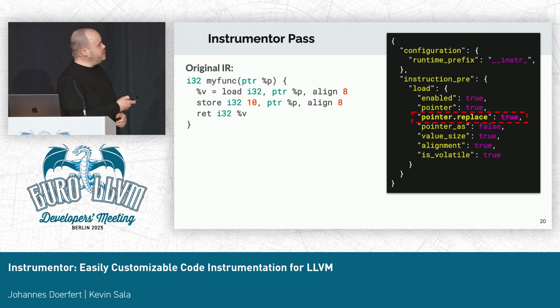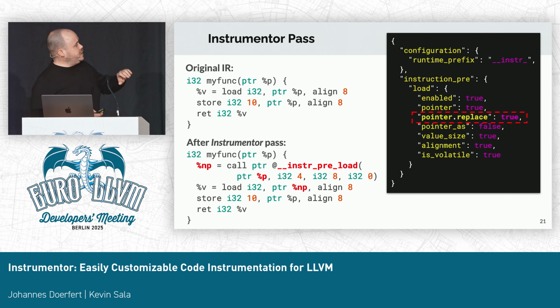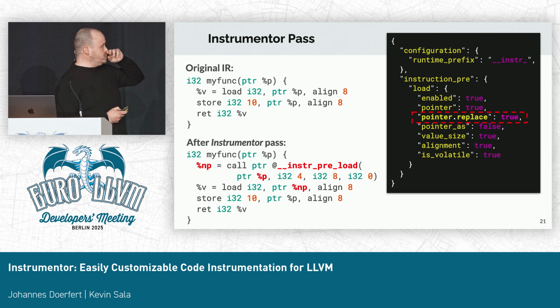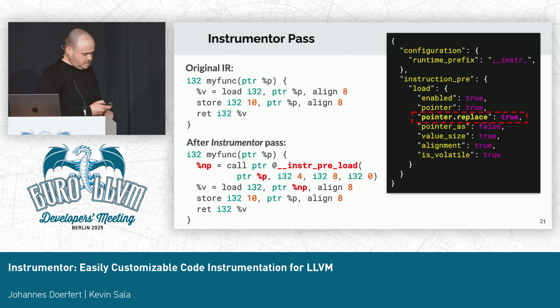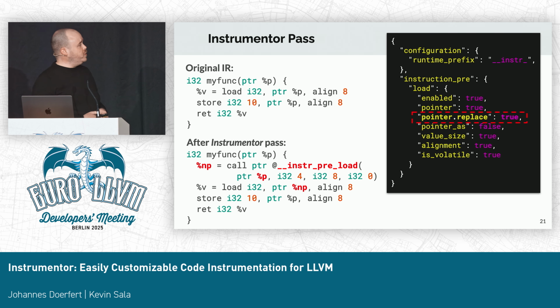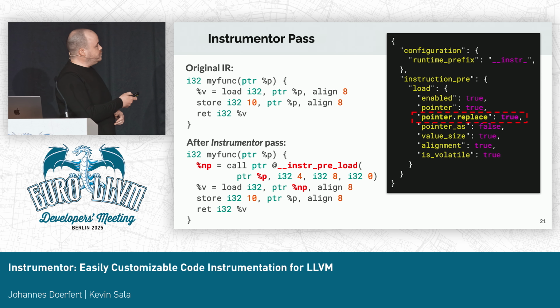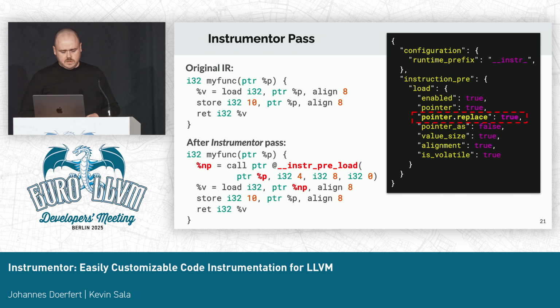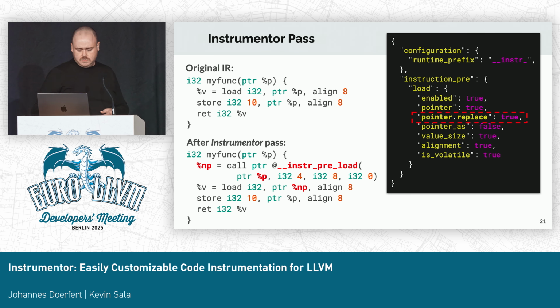It was false before. And now it generates the same instrumented code, except that the instrumentation function now returns a pointer, which is provided by the runtime component, and then we just forward it and use it as the pointer operand of our load operation. We have seen that these patterns are useful in some cases, for instance, in a sanitizer that we have been developing.